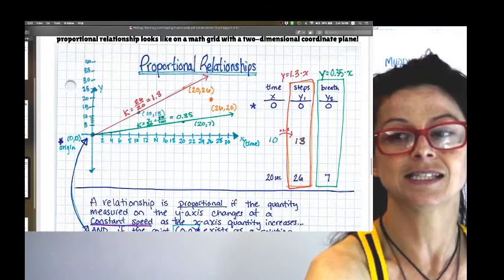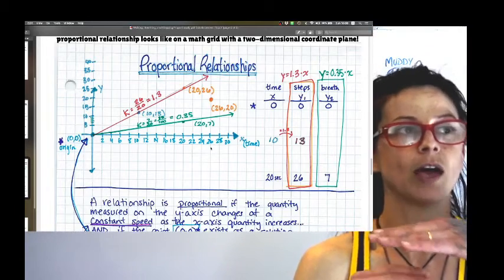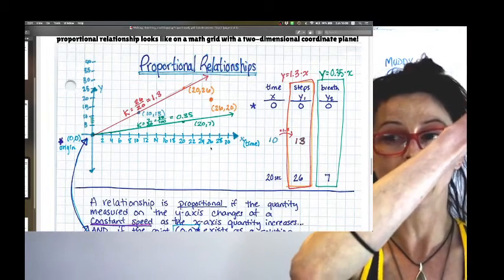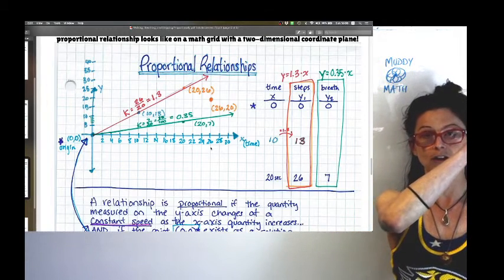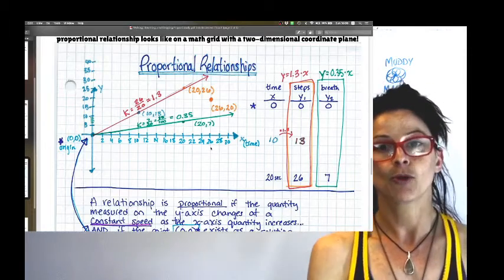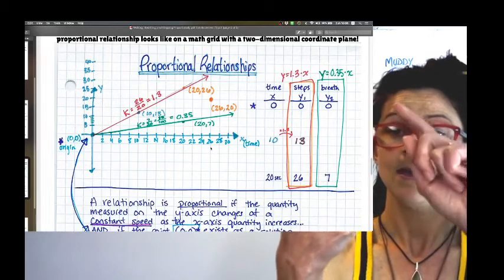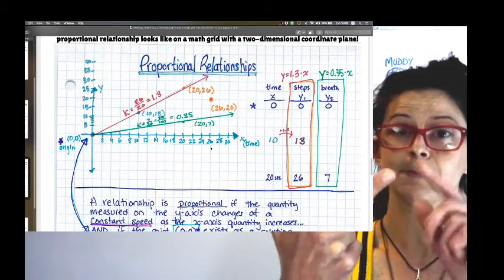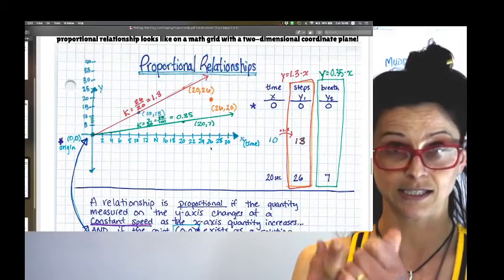So it would make sense that I'm doing more steps than I am breaths. So the slope of the line representing steps is going to be much greater than the slope of the line representing breaths. And these are both proportional because I'm deciding that they're all starting at 0. My time, my breaths, and my steps are all 0. At 0 seconds, I've walked 0 steps and I've taken 0 breaths.